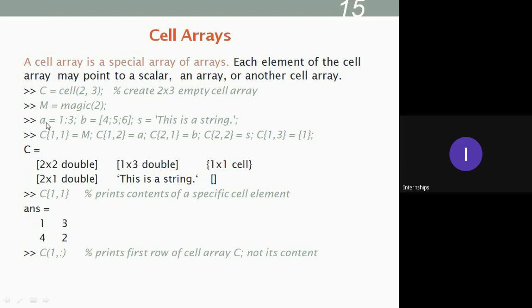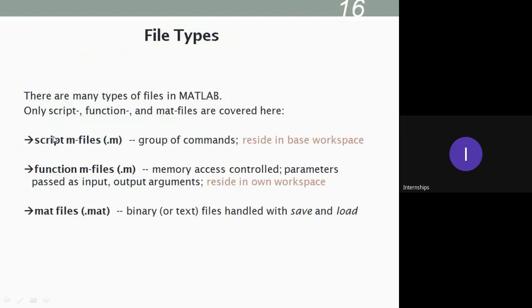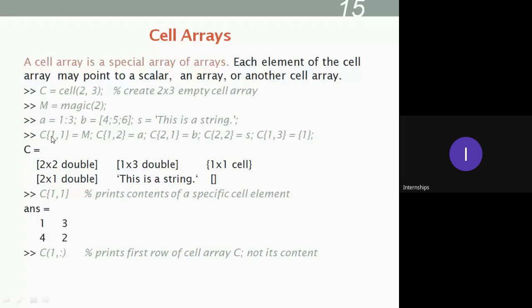That means A is 1, 2, 3. This is one vector. Then B is a column vector 4, 5, 6. Then A is a string. This is a string. Now we are defining in this cell, C is the array, the first position, that is first row, this one.